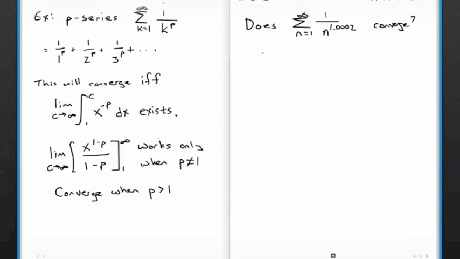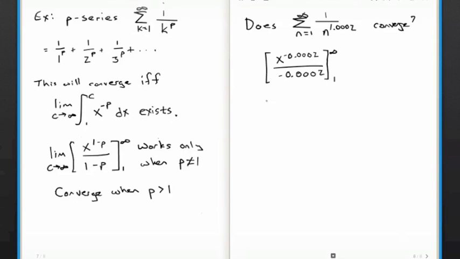Well, we know it converges if the integral converges, which we know becomes x, and I'm just taking this from down here rather than going through the integral, 1 minus p, well, 1 minus 1.0002 will become negative 0.0002, over 1 minus p, which is negative 0.0002, as I go from 1 to infinity.